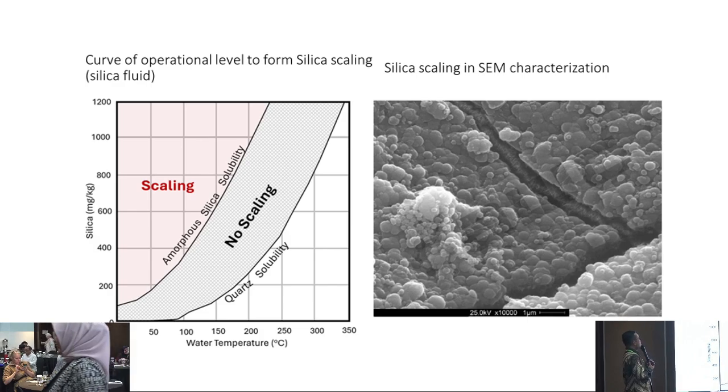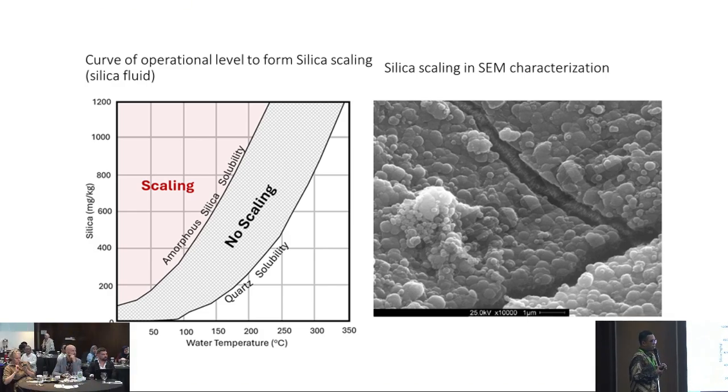Thank you. So this is the mechanism of the scaling, especially silica, because we are concerned about silica so much in this process. So we talk about the silica mechanism of formation. We have a curve of formation.